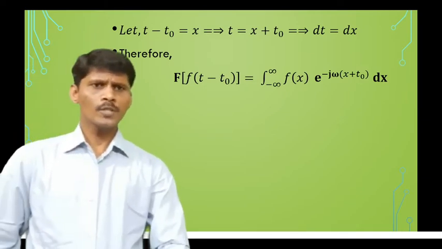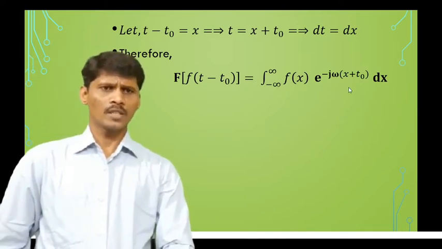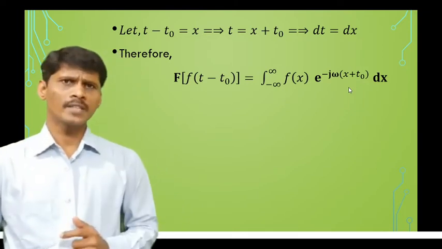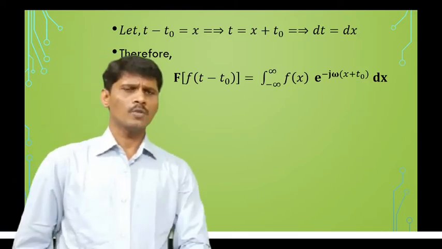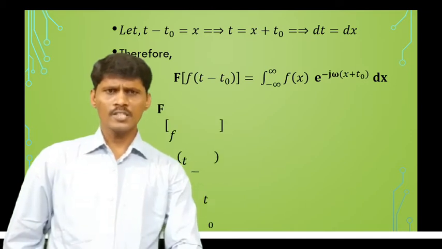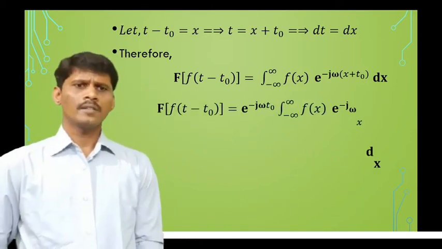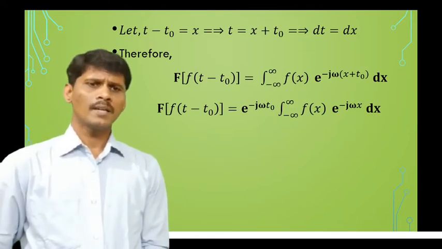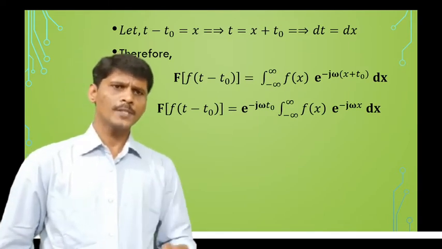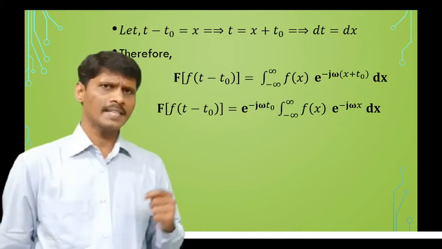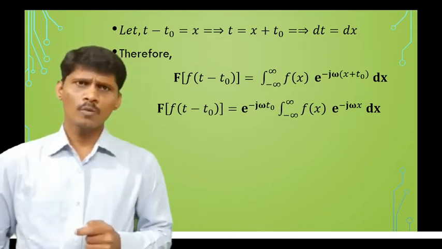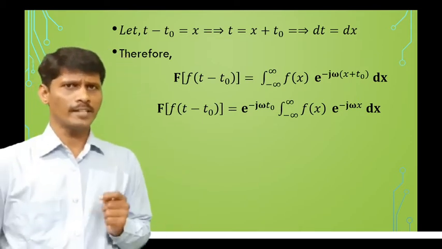This exponential term is split into two terms: e power minus j omega x into e power minus j omega t naught. So that is equal to the integral from minus infinity to infinity of f of x into e power minus j omega x dx, with e power minus j omega t naught written before the integration.